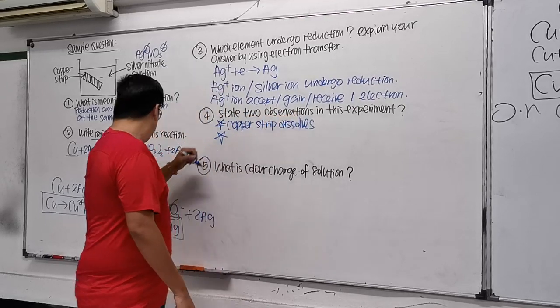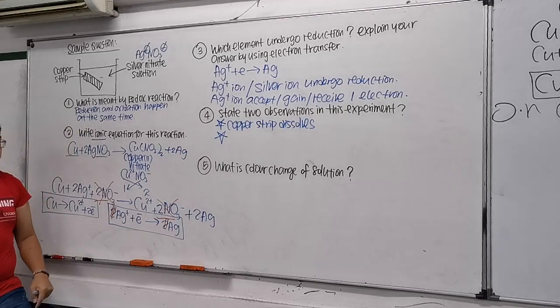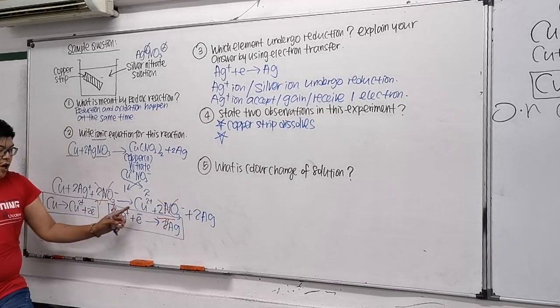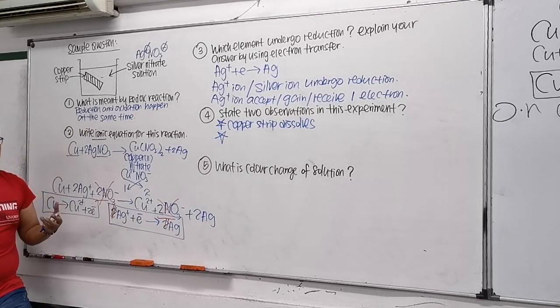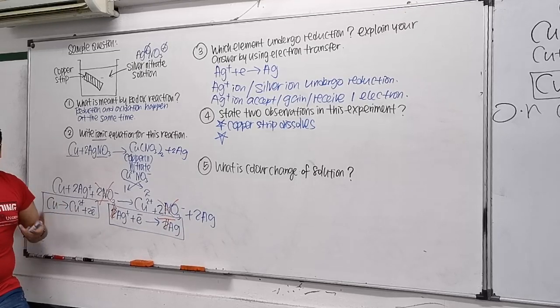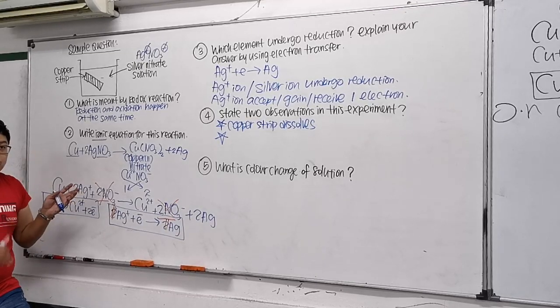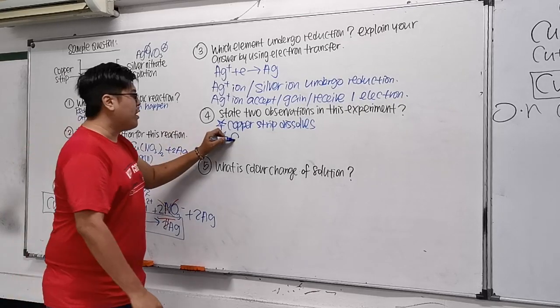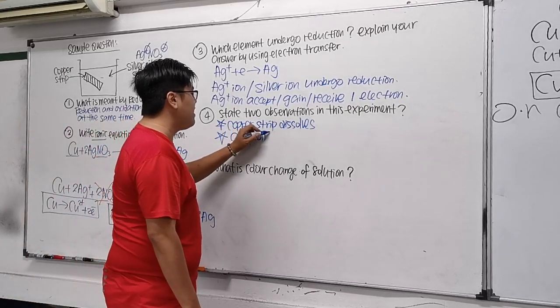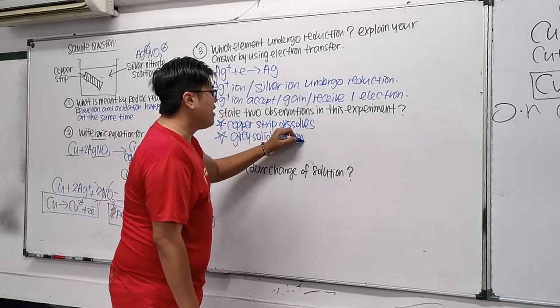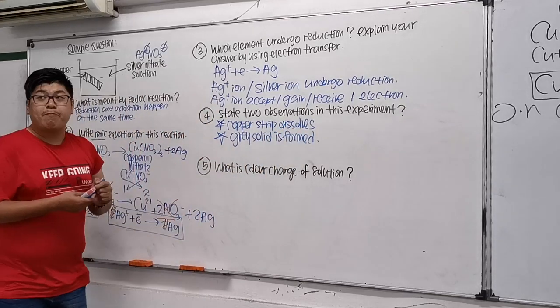Second one, when Ag+ becomes Ag, you are forming silver. When you form a metal, you get a solid. Silver is a normal metal. You should see gray. So you will see a gray solid is formed. Yeah? So you get 2 observations easily.